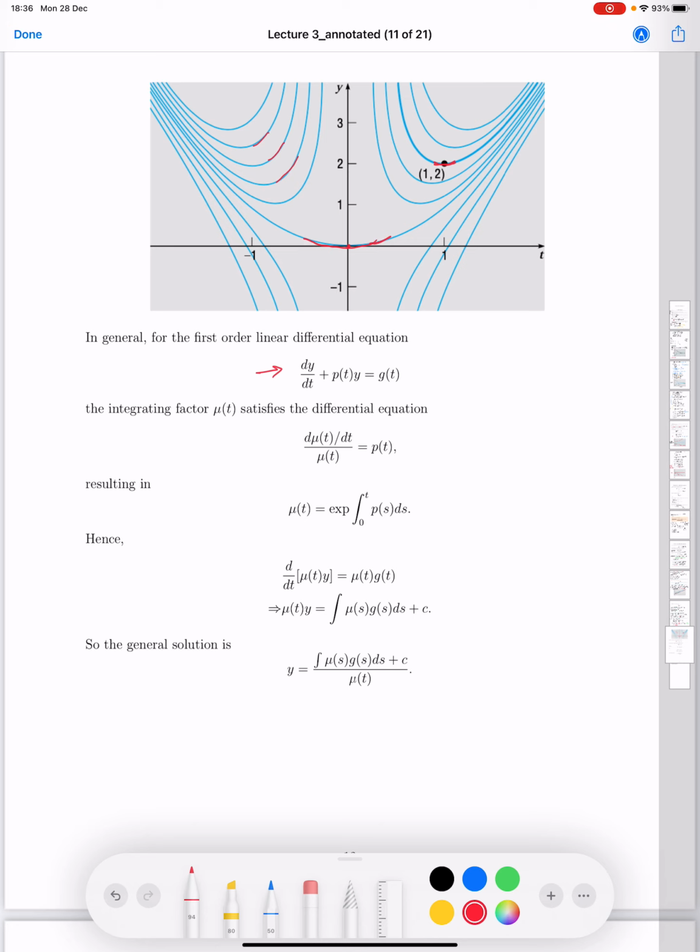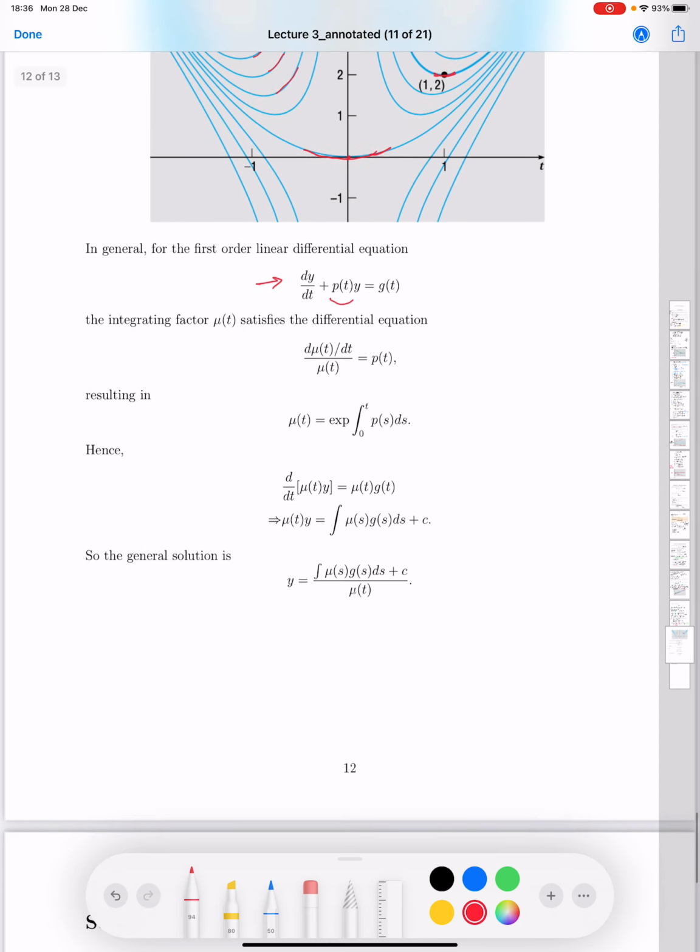I just need to multiply both sides by the integrating factor, and by doing that, I know that this term should be mu dot over mu. You can just multiply it. It's again another practice for you to do at home.